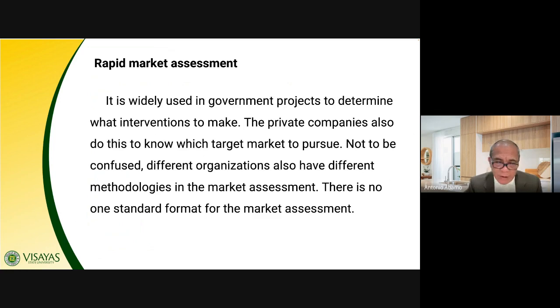There is no standard format for market assessment, but we have to take into consideration how the essential parameters of the market assessment will change with respect to the important variables that we are looking at in the market, like price, quality sought, and also the growth area, and many other things. There are seven of them.